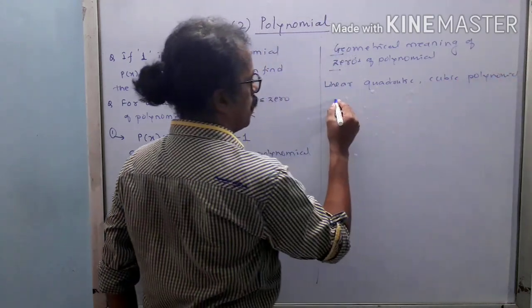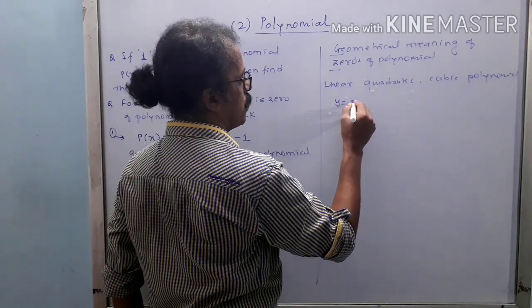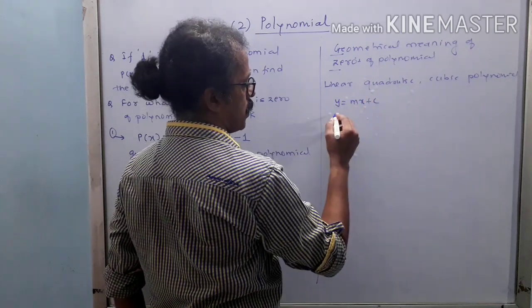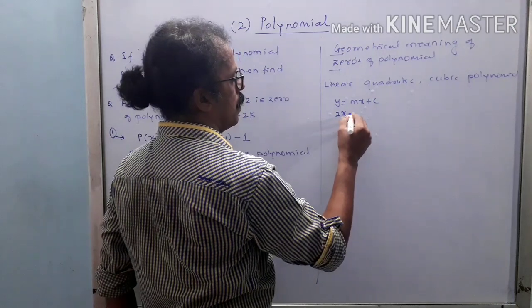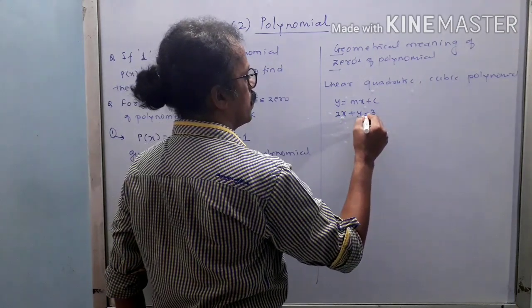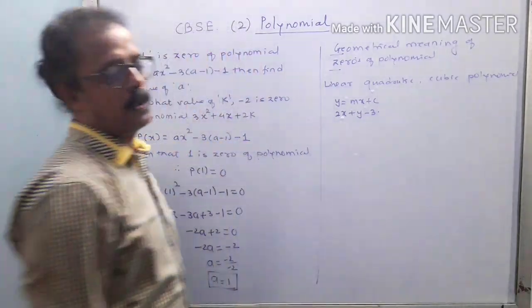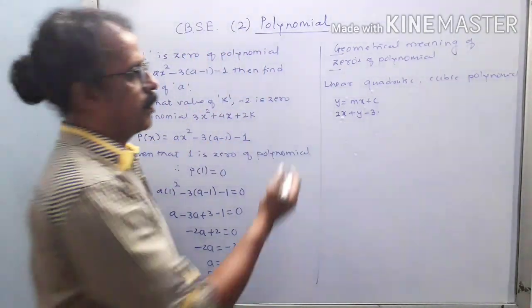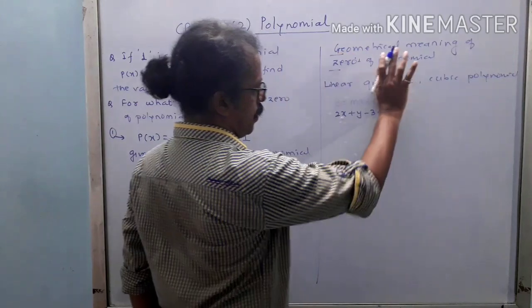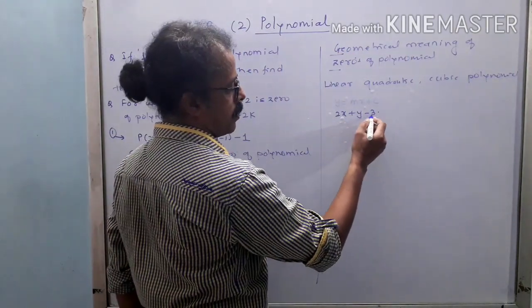Okay, in linear we write y is equal to mx plus c, or simply I could write a simple expression 2x plus y is minus 3. Now this particular expression I have to write in the form of what? In the form of a straight line, right? So it is nothing but 2x plus y minus 3.